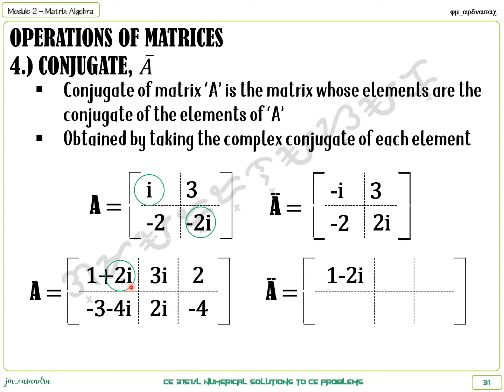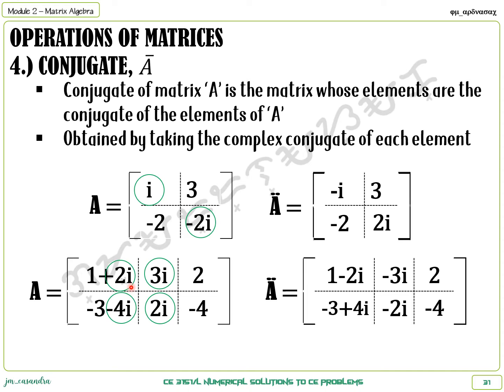Next, we have -3i, 2 for the next complex number, that will now be negative 3 plus 4i. And then we'll have negative 2i and negative 4. So conjugate is only applied on the complex number.